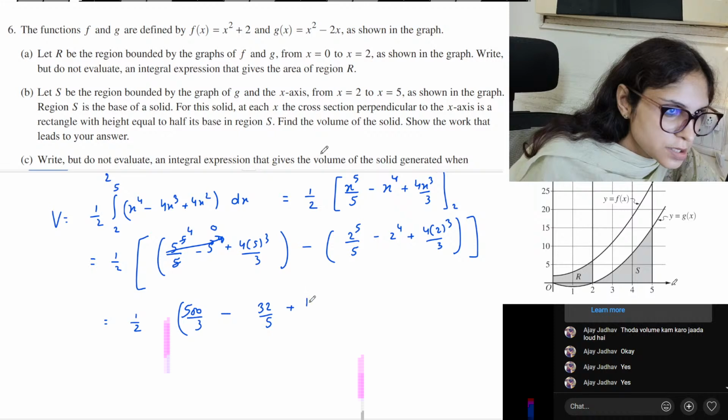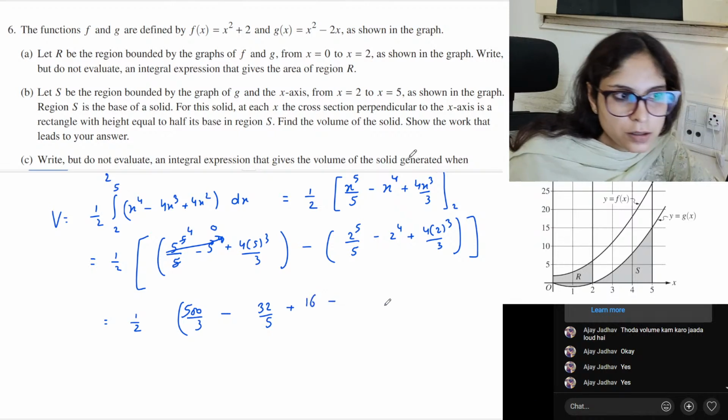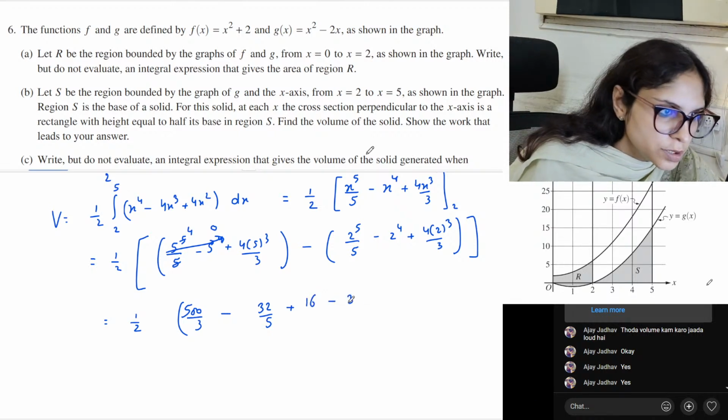This will become plus 16. This will become minus, 2 cubed is 8, so it will be 32 over 3.